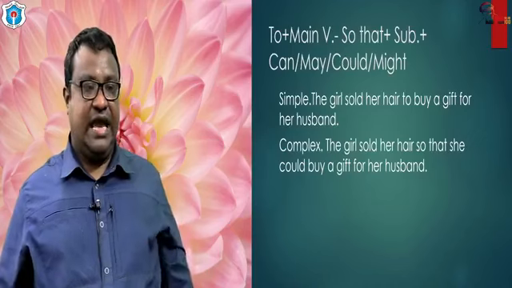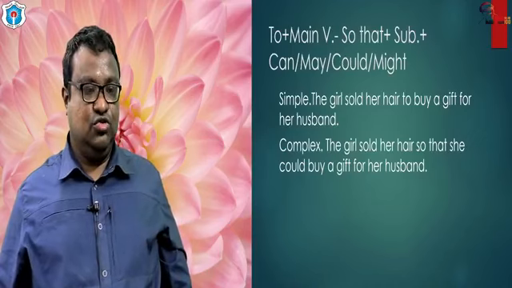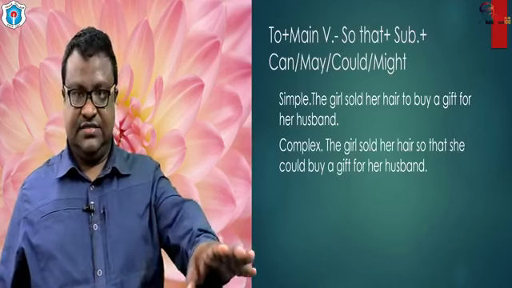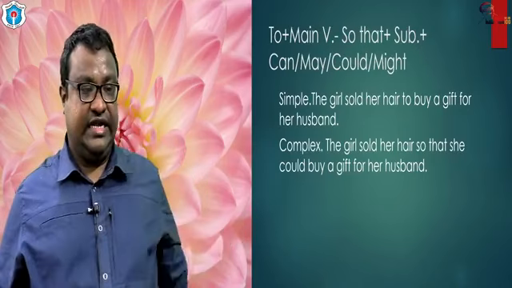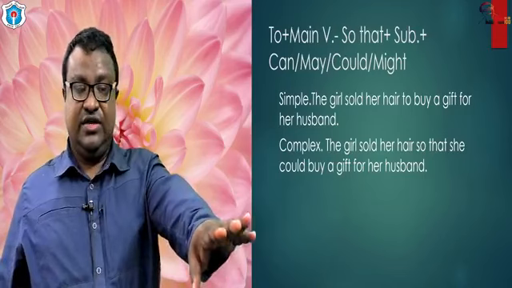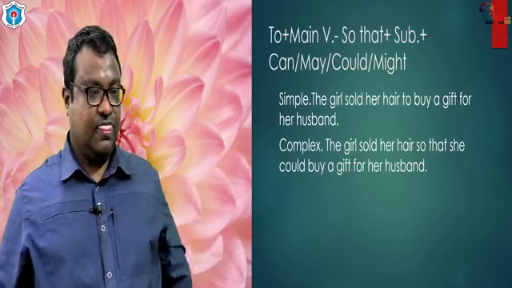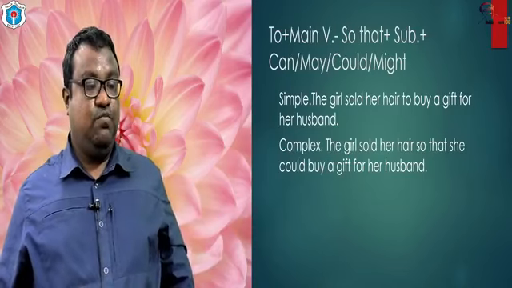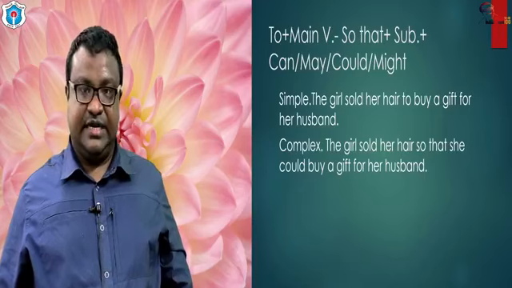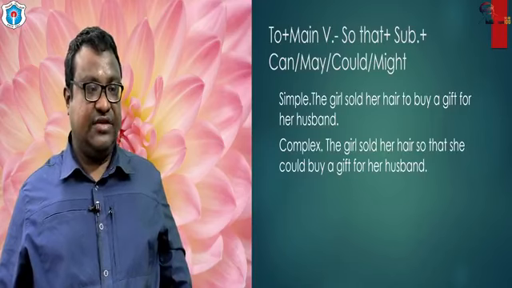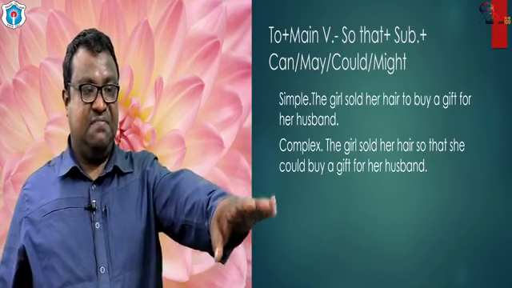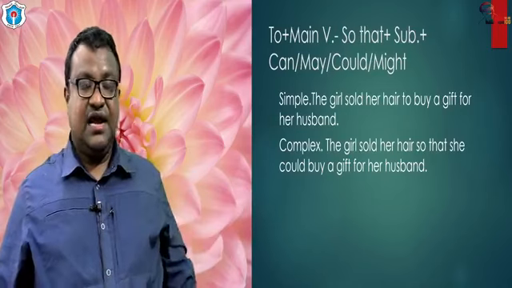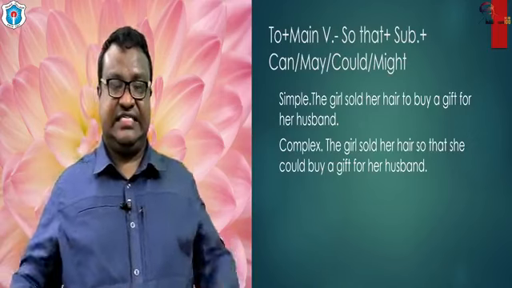The change will happen when we use "so that", that is, the girl sold her hair so that she could buy a gift for her husband. That would be so that plus subject plus can, may, could or might plus main verb plus extension.